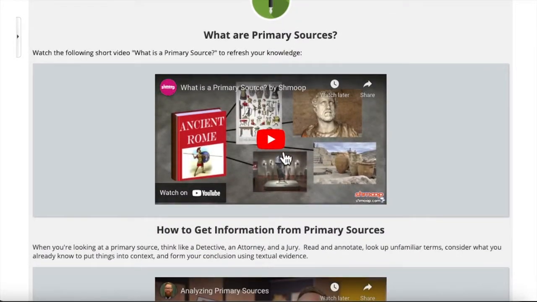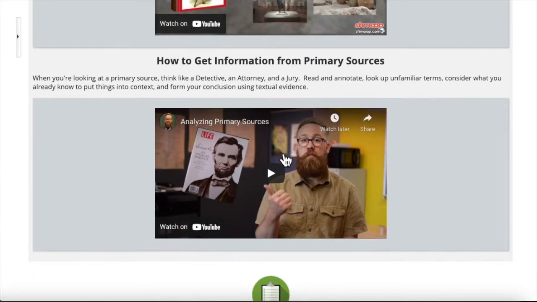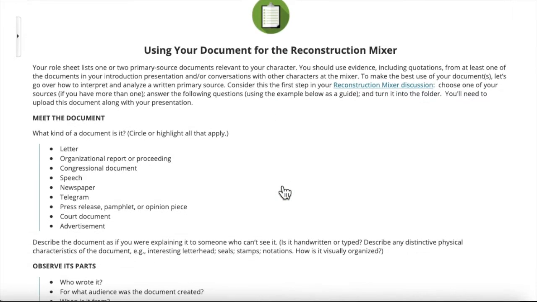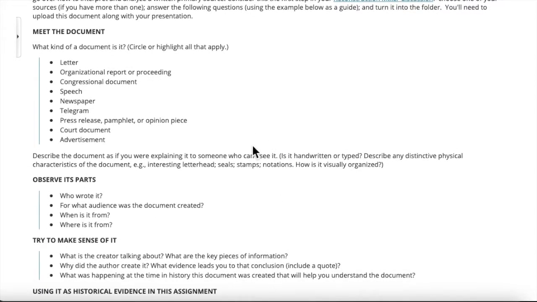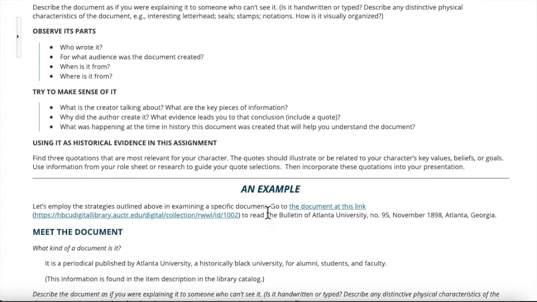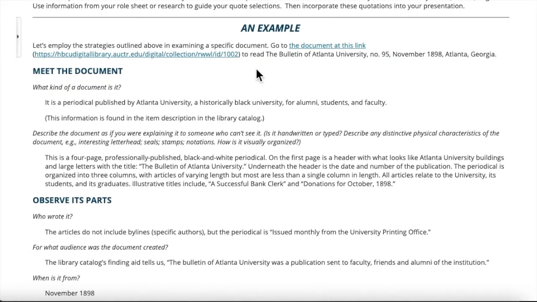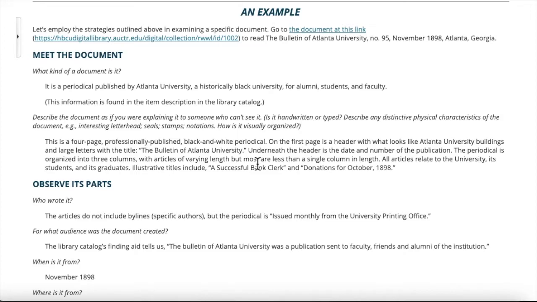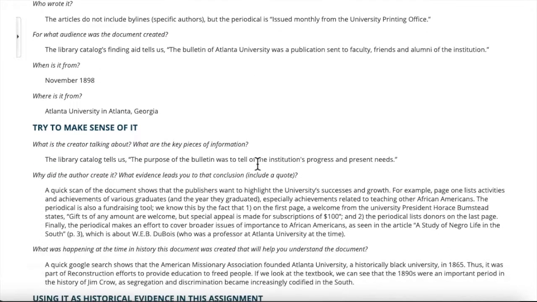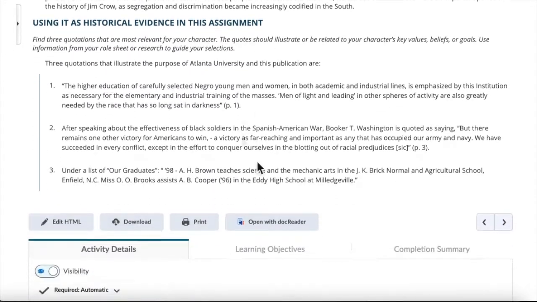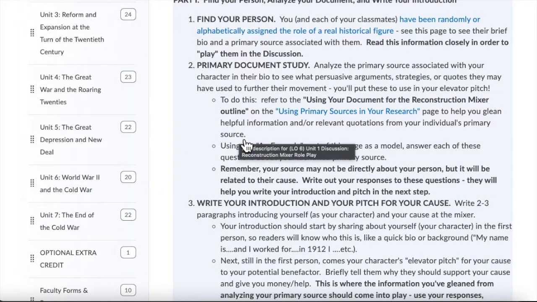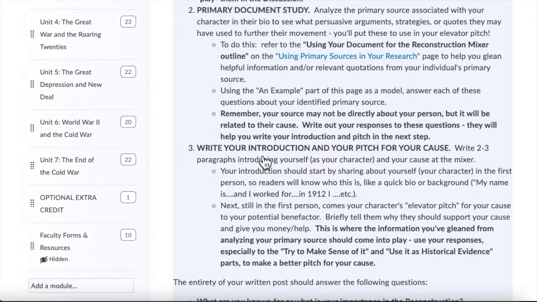This little video talks about what primary sources are, as does this, and you have a discussion of how to approach a primary source document and an actual example of how we decode it, how we get the most out of it in terms of understanding the history that lies behind it. So you'll want to read this very carefully. So let's go back to the instructions. And when we do that, we can continue.